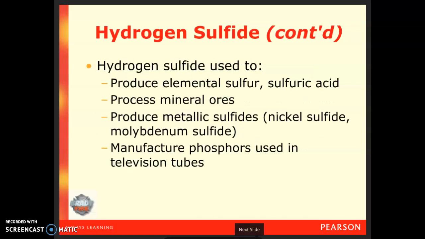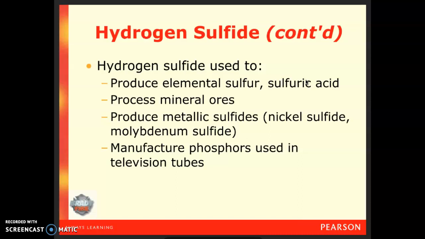Now, hydrogen sulfide gas does have a lot of uses. We can bubble it into water. We can use it to help to produce elemental sulfurs and sulfuric acid. We can bubble it into water and help to process mineral ores. So one of the first processes when we start to work on ores is to get the ores out of the rock.